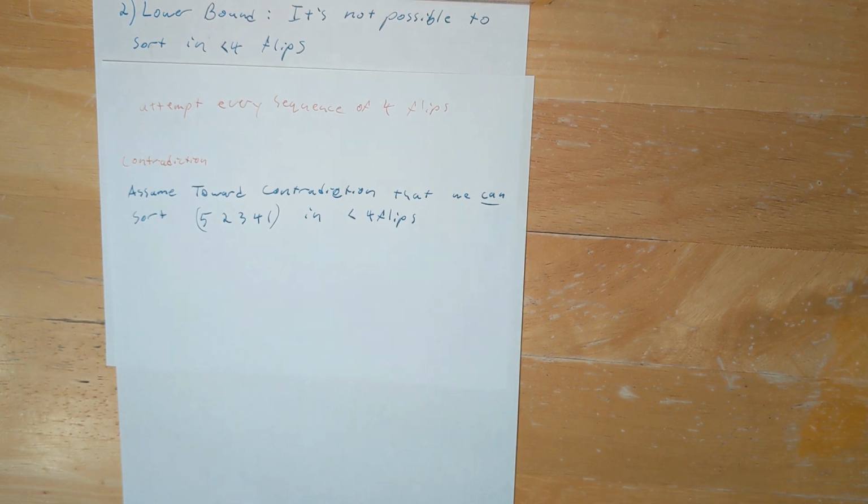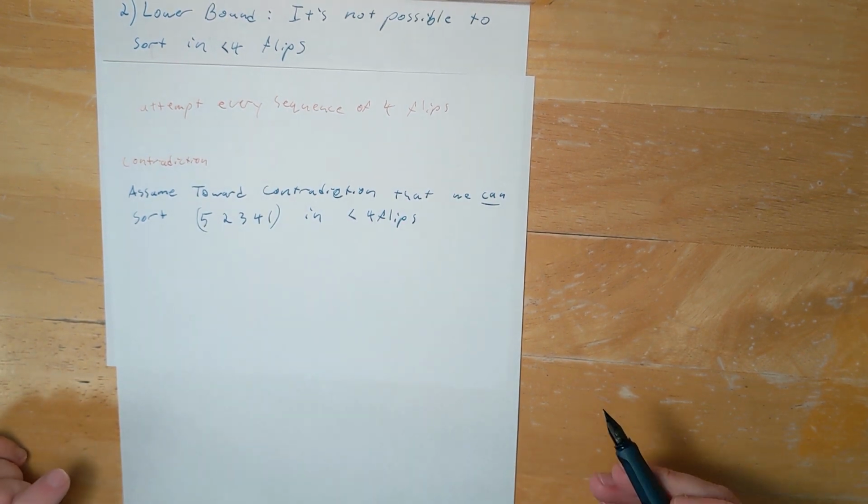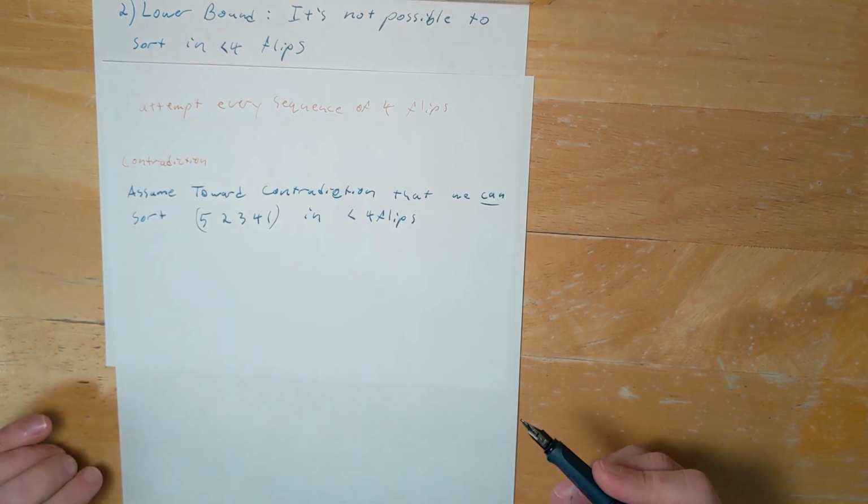In order to demonstrate this, we're going to use our golden rule. Our gold star rule for this problem was that to get a pancake to the bottom, it must previously have been on the top. So we definitely know that in order to have a sorted stack of pancakes, 5 needs to end up on the bottom.